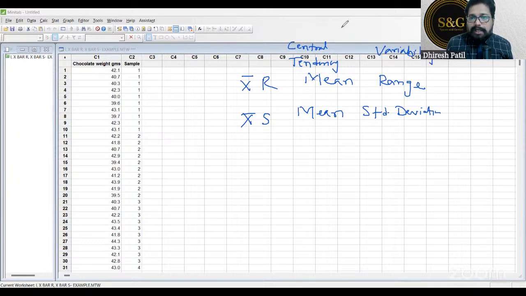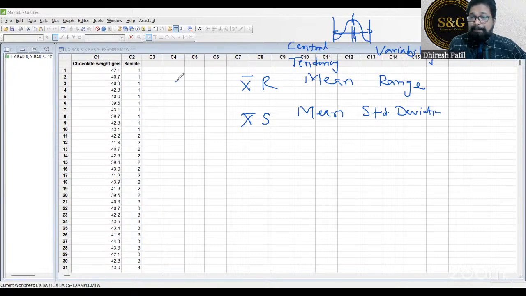In other words, if this is my data, the central tendency is the mean, and the variability is the horizontal spread of the data. So X bar checks the center of the data, and the variability is checked by the other parameter, either range or standard deviation. Now, when do we use X bar R?